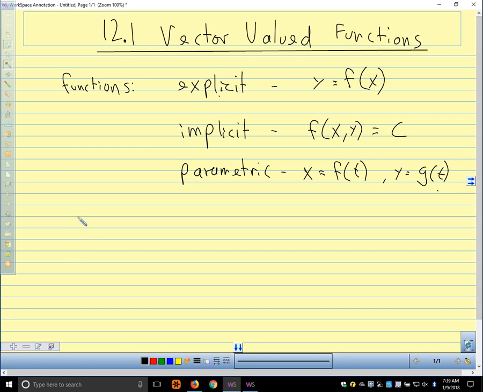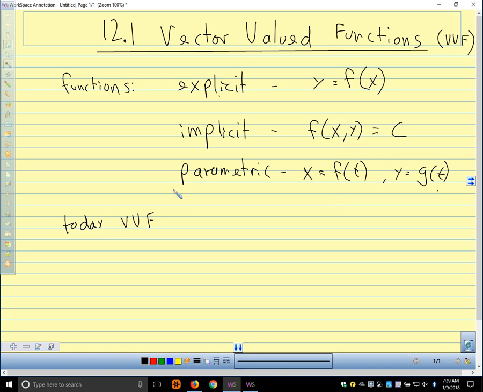So today we're going to talk about vector valued functions, and I'm going to use the abbreviation VVF so we don't have to write it out. What we're going to do is use the components from our parametric equations to be the components of a vector.